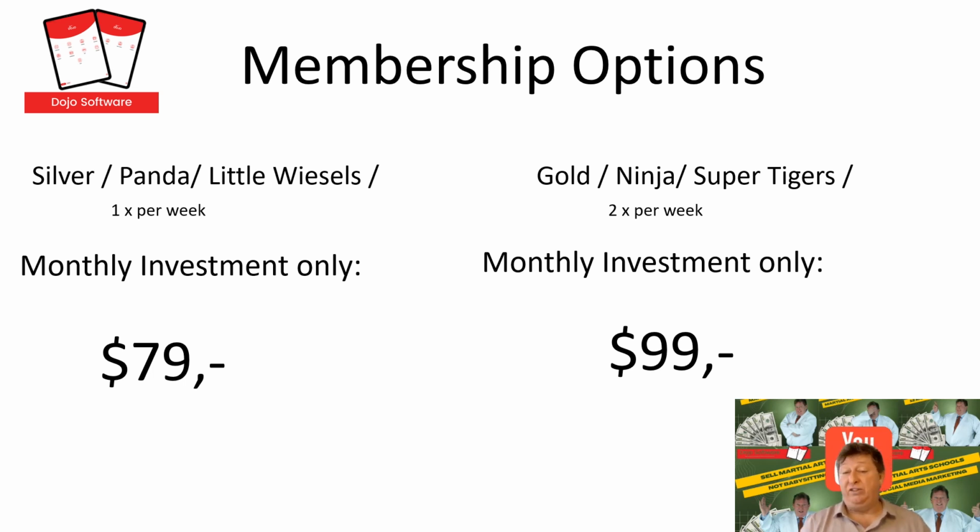And there you're investing only $99 a month. Pause. From these 2 memberships, what do you think is the best for you, the Panda or Ninja? And you wait for an answer. And that's it. It doesn't have to be more complicated than that, okay?